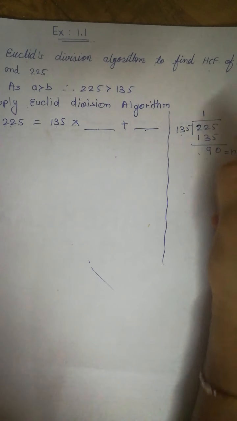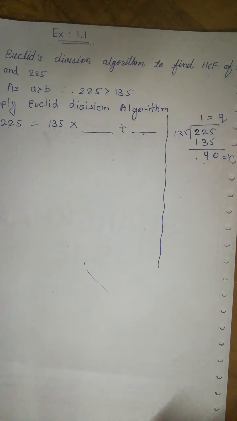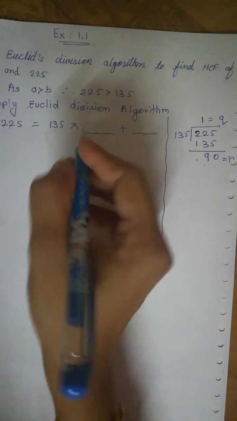The remainder R is 90 and the quotient is 1. So put the values of Q and R here, quotient 1 and remainder 90.